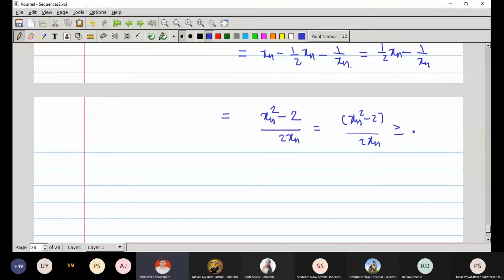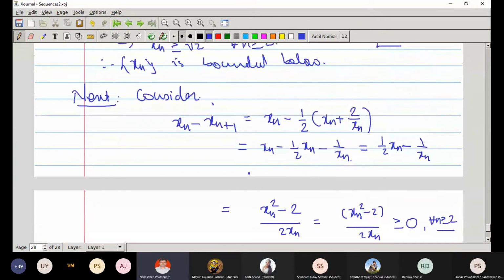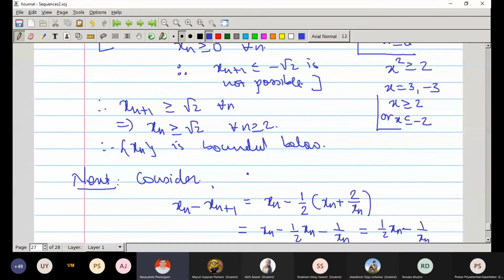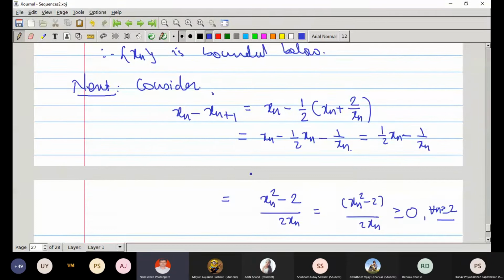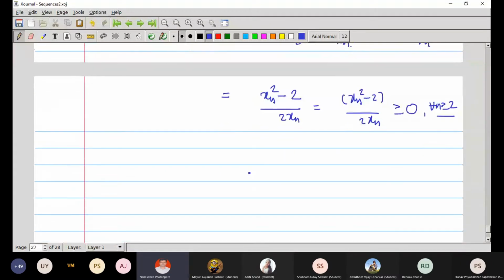Can I say that this quantity is greater than or equal to 0 for all n greater than or equal to 2, certainly? Yes, sir. Because we already verified that xn square minus 2 is greater than or equal to 0 for n greater than or equal to 2. For the first term, not an issue, because it is a single term.